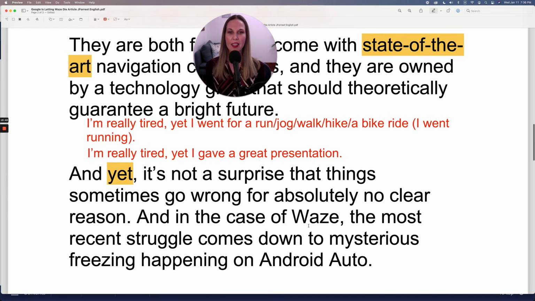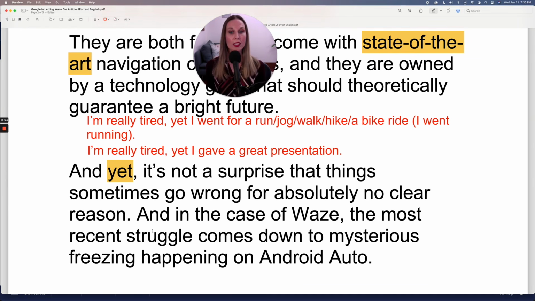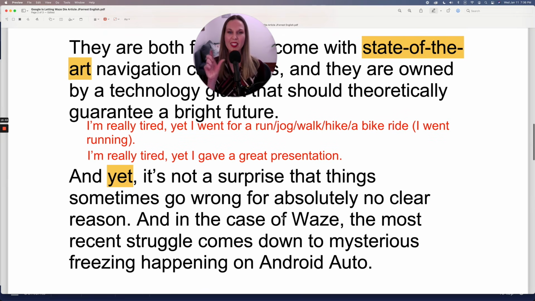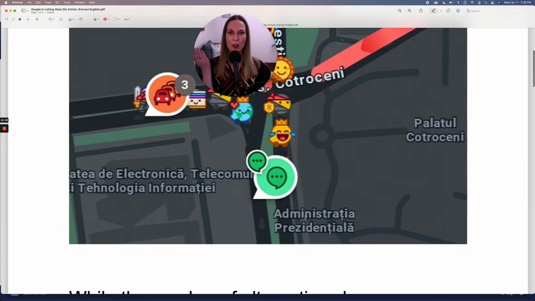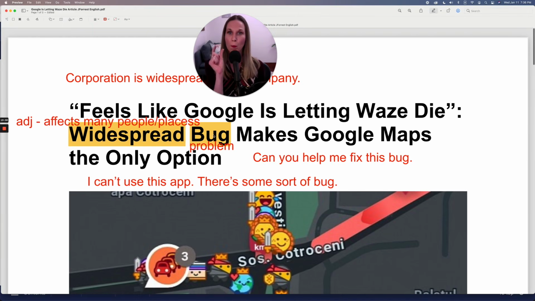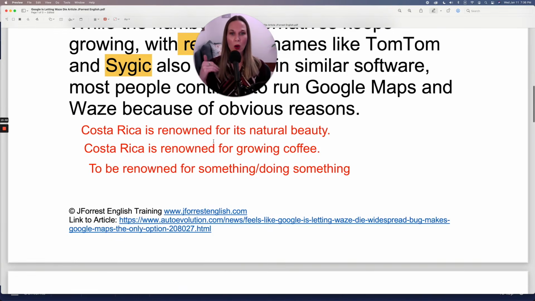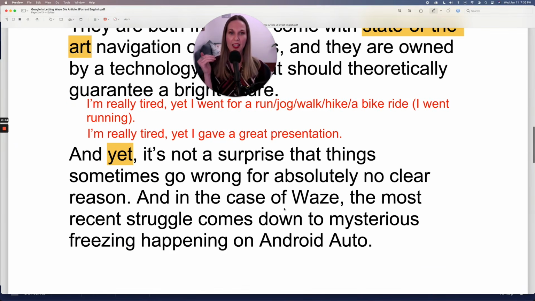And in the case of Waze, the most recent struggle comes down to mysterious freezing happening on Android Auto. Okay, so this is the negative. It's the bug. Remember at the very beginning, we are talking about a bug? Well, now we know what the bug is in Waze.